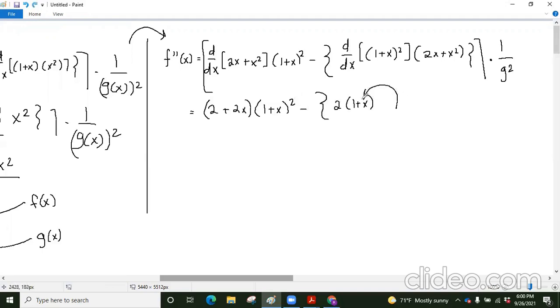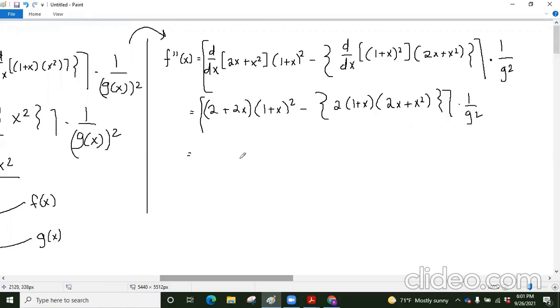If you're familiar with the chain rule, it actually comes out to being 1, so we don't have to elaborate. And then we'll say 2x plus x squared, 1 over g squared.